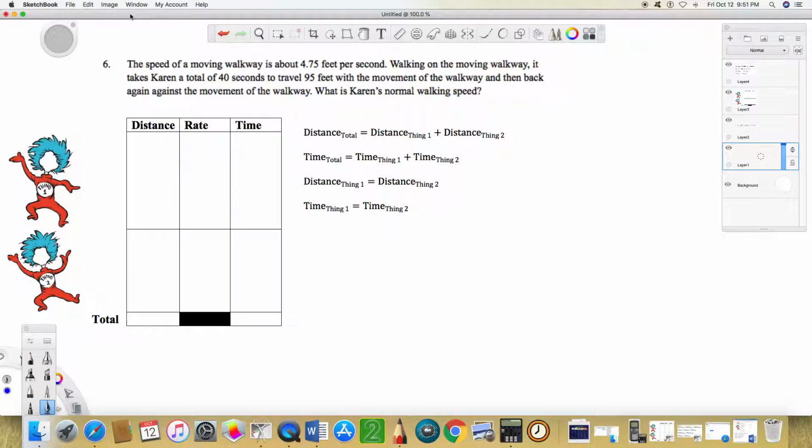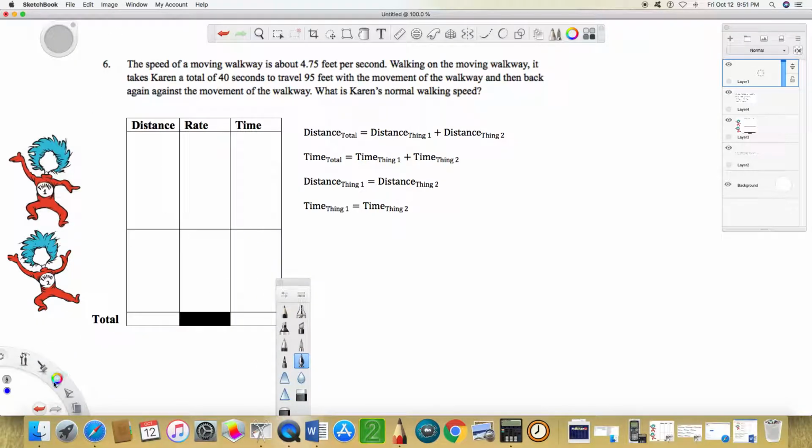All right, so I am going to call thing one this movement on this moving walkway that is with the walkway. So I'm going to, let's see, I need to move that up. I'm going to call this, what's my color?